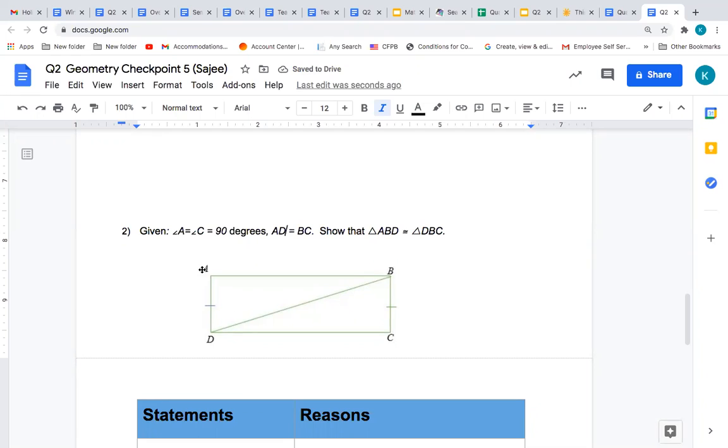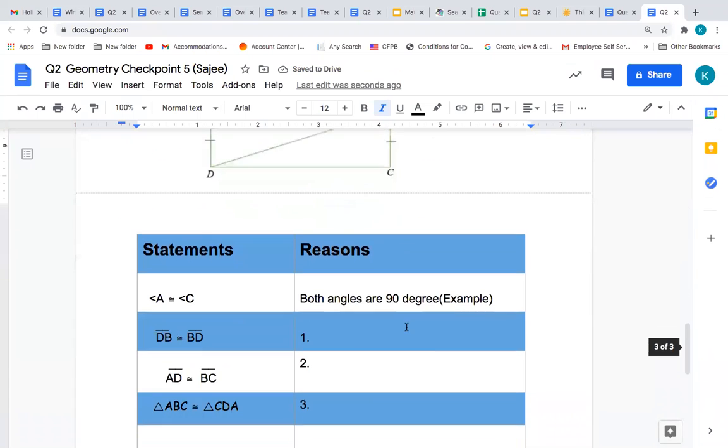Now you have to prove triangle ABD, this triangle on the top, is congruent to DCB. ABD and DCB. All right, so these are the two questions.